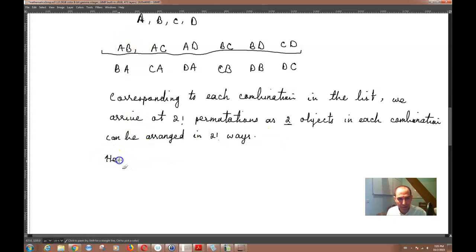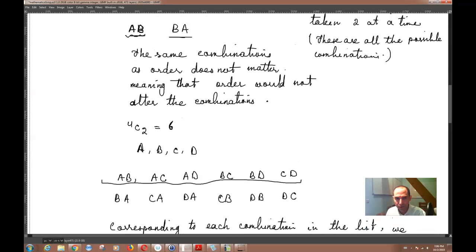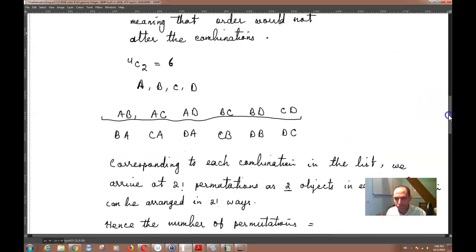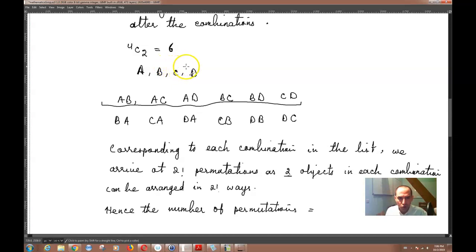So hence the number of permutations is equal to 2 factorial times 4 combination 2, so basically if you calculate 4 combination 2.